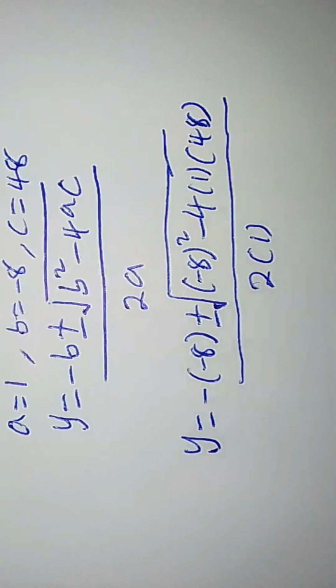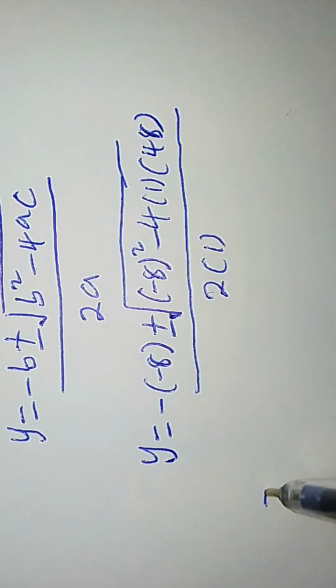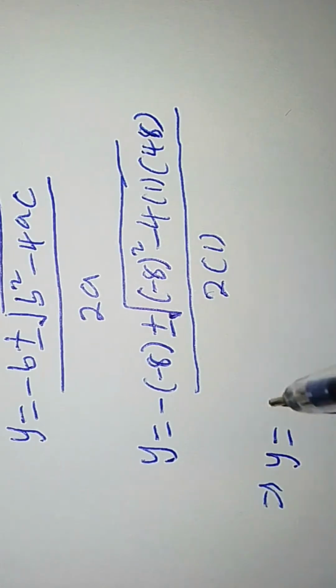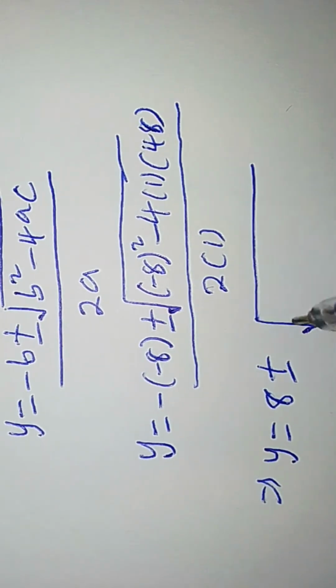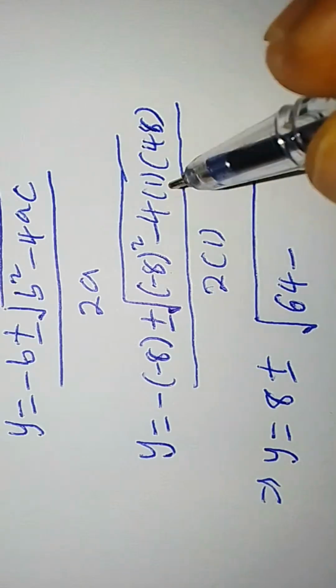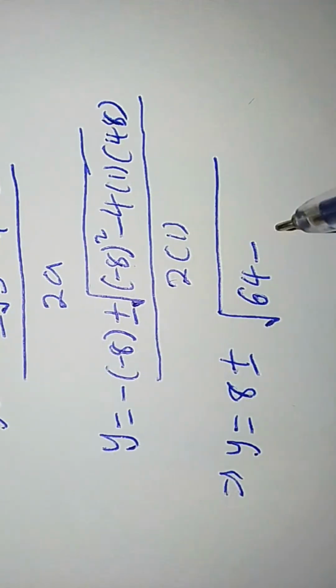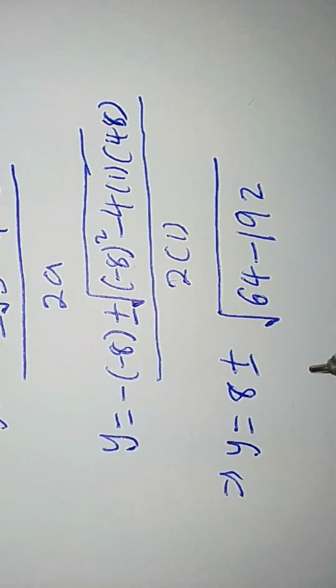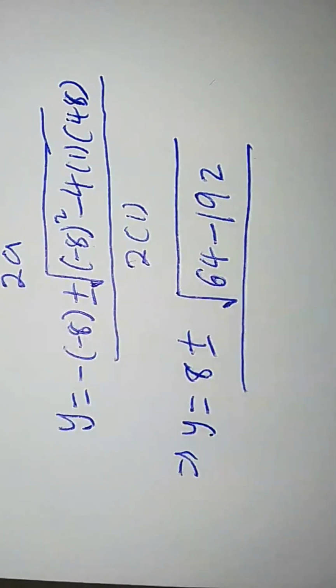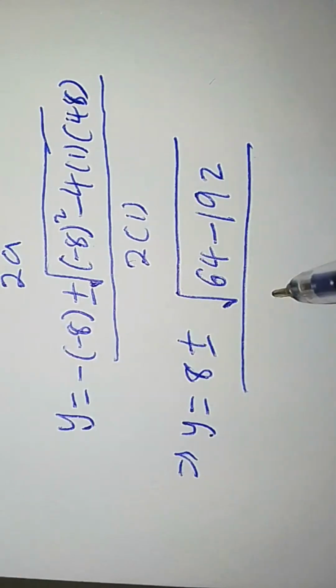Let's proceed further. This means that y is equal to minus times minus 8, that is 8, plus or minus square root of (minus 8) all squared, that is simply 64, minus 4 times 1 times 48, that is 192, divided by 2 times 1, that is simply 2.